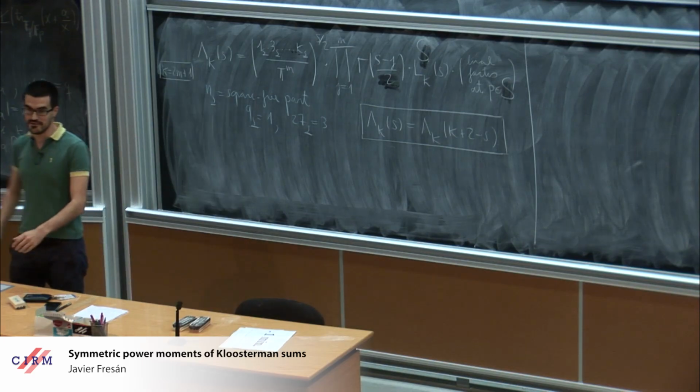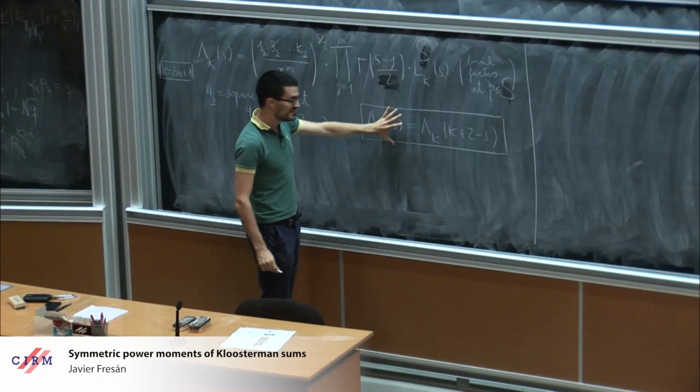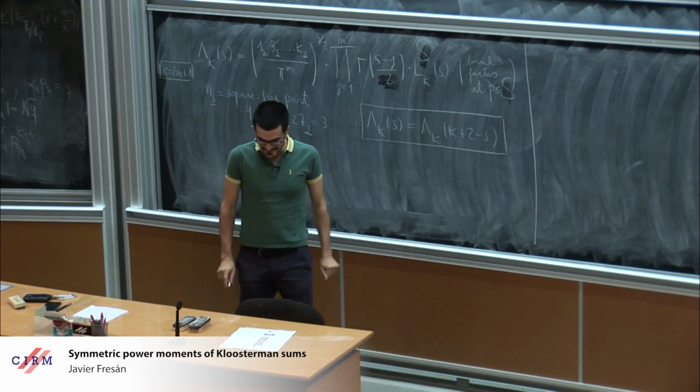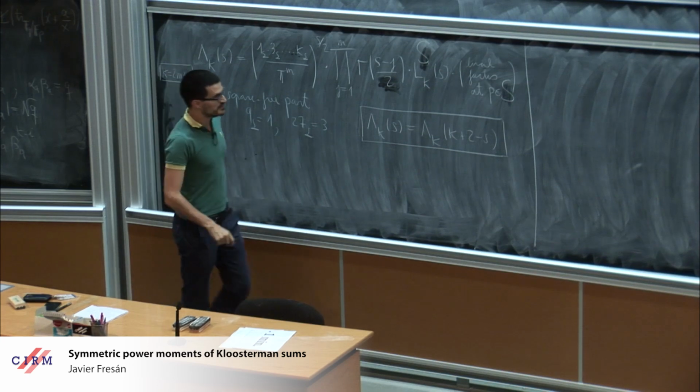Okay, so in the terminology of Peter, there was a bit of pain along the way, but then the result is very nice. So that's the theorem I want to discuss.